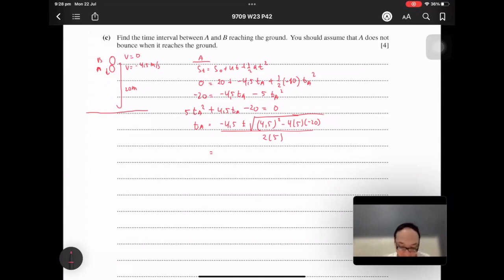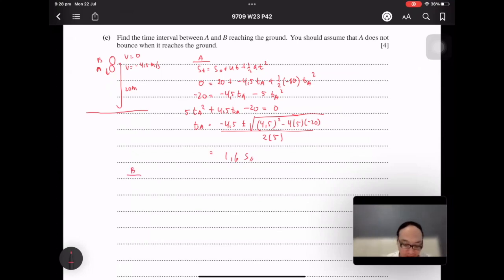So it's minus 4.5 divided by 10. So it's 1.6 seconds. Here we take the positive one.